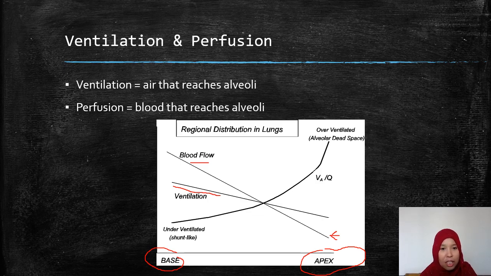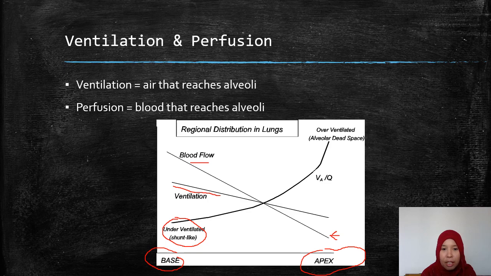And similarly, if you have a lot of blood flow but there's no air coming in, you're wasting blood as well, right? So you want to have the same blood flow with an equivalent ventilation so that your respiration will be at the optimum level. Okay, so if you plot that graph, you can see here, this is the one.